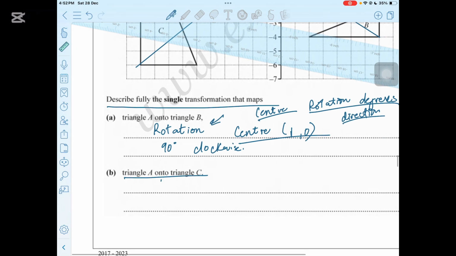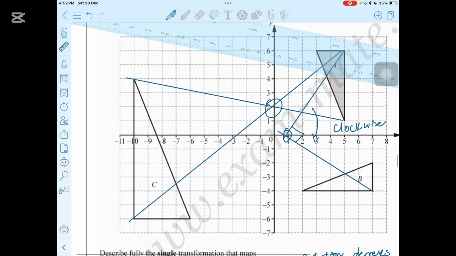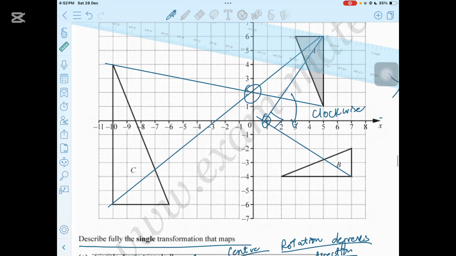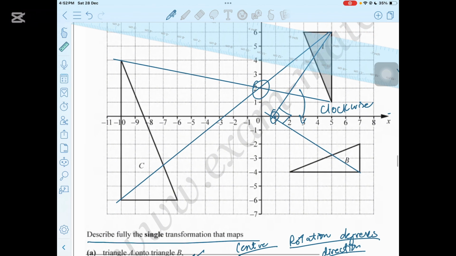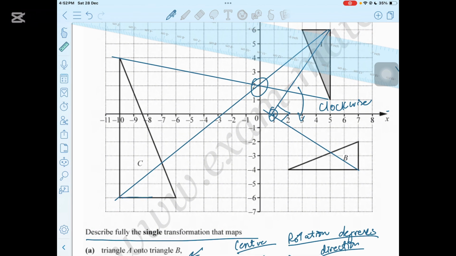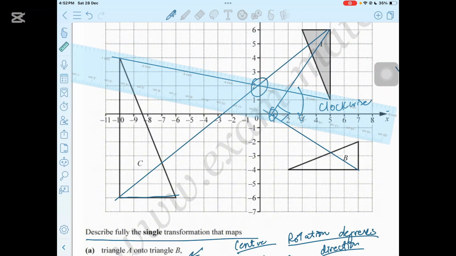So we have this as enlargement, center (0, 2), and let's see the enlargement, or we can say the scale factor. We have the image size, image length, this is 4 and this is basically 2.